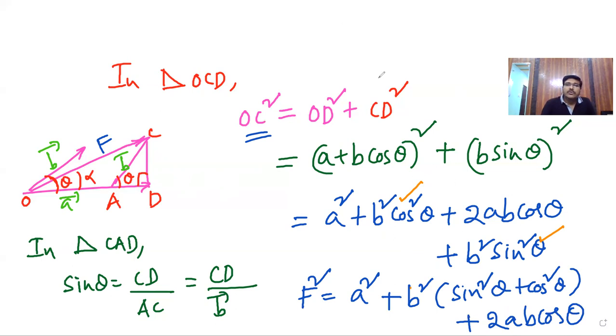You know very well that sin square theta plus cos square theta is 1, from trigonometry. So finally F square is A square plus B square plus 2AB cos theta.